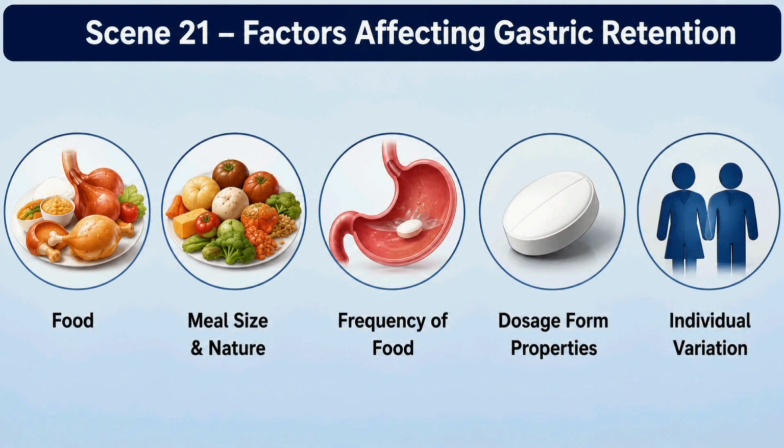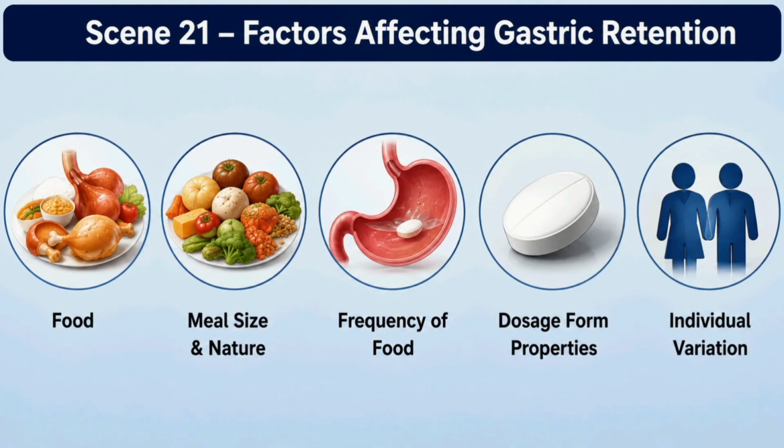Factors affecting gastric retention. Several factors can influence the gastric retention. Look at the first image, food. Fed or fasted conditions can influence the gastric behavior. Second, meal size and nature. The composition and the quantity of the meal may influence the gastric emptying.